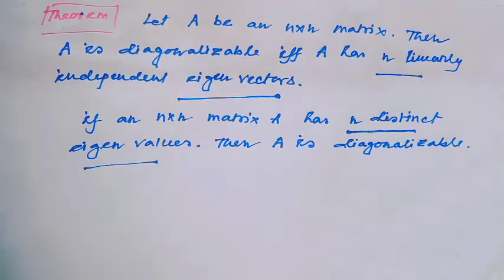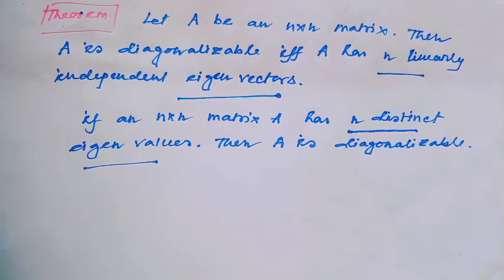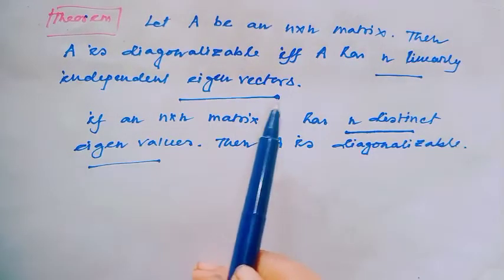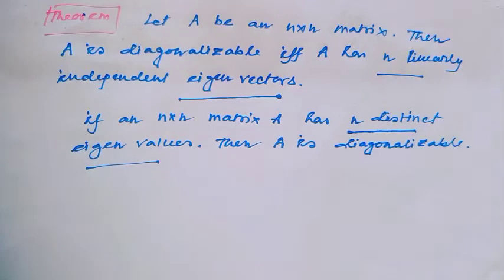That means if A has n distinct eigenvalues, then we can tell obviously A is diagonalizable. Or if A has multiple eigenvalues, but for each eigenvalue there exist linearly independent eigenvectors, totaling n, then we can tell A is also diagonalizable.